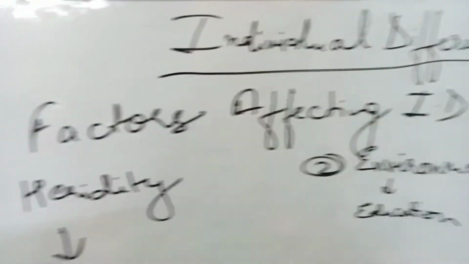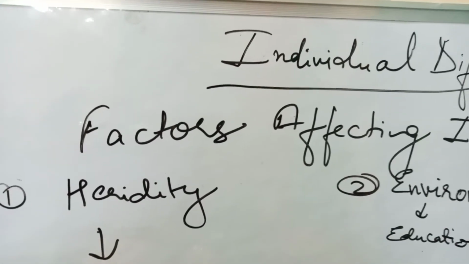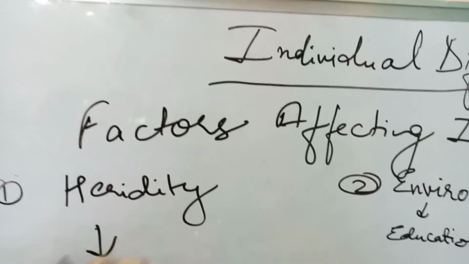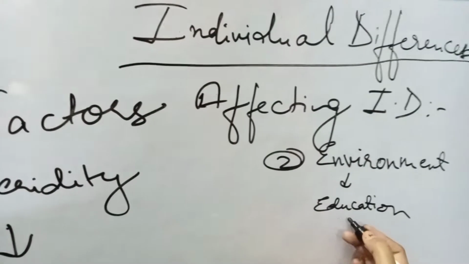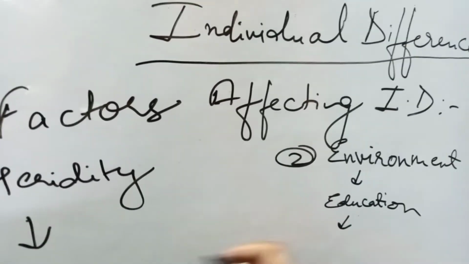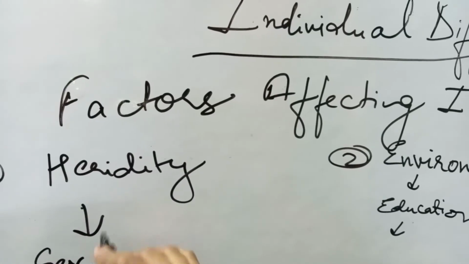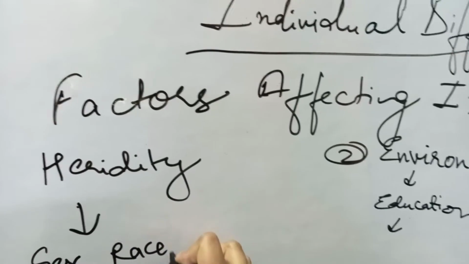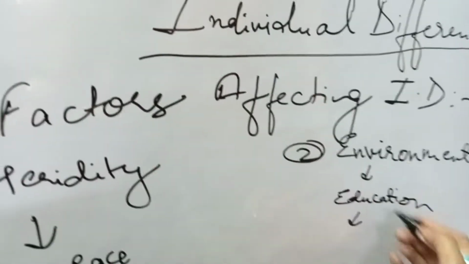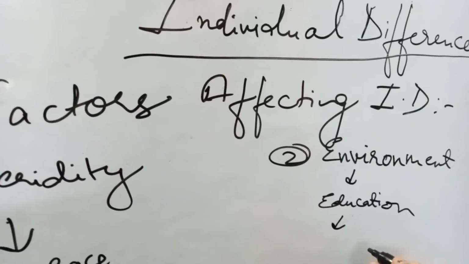Heredity is based on the traits which we acquire only from our parents. It depends on sex and includes race. Environment has education also.